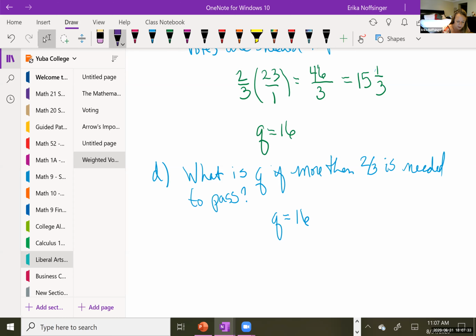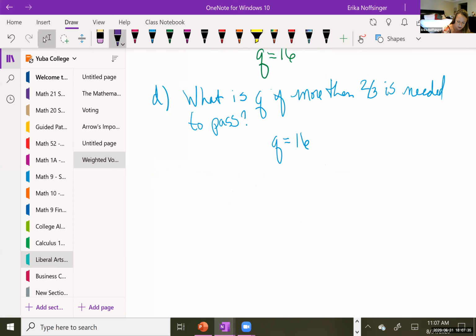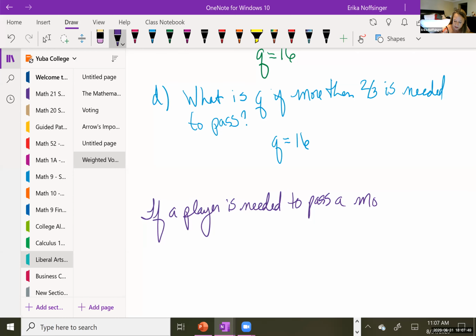So if a player is needed to pass a motion, then they are said to have veto power.